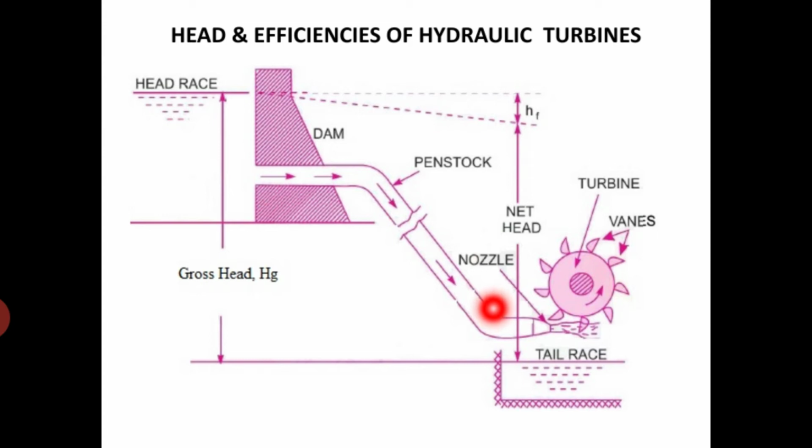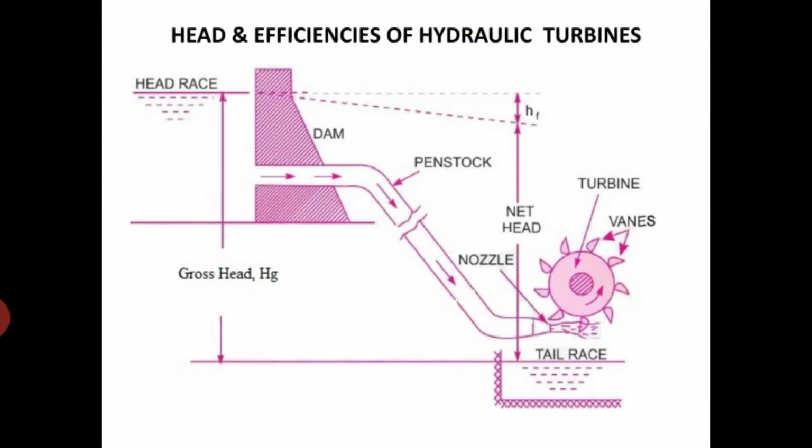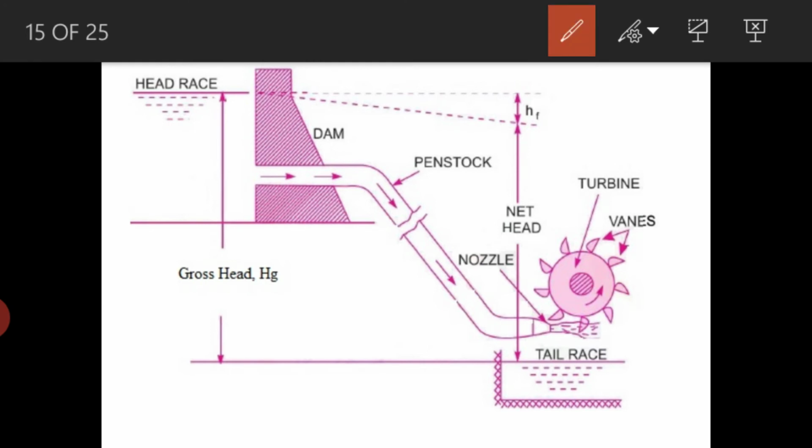Usually the minor losses, such as losses due to pipe fittings, bends, etc., are of very small magnitude compared to the loss due to fluid friction in the penstock and are neglected. Thus, the net head can be written like this.